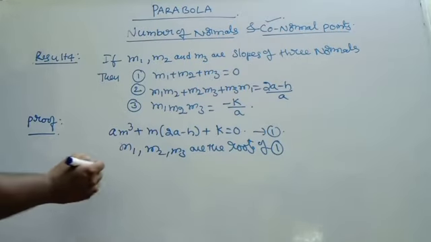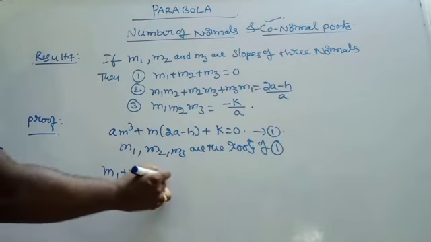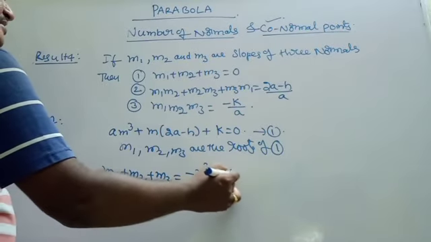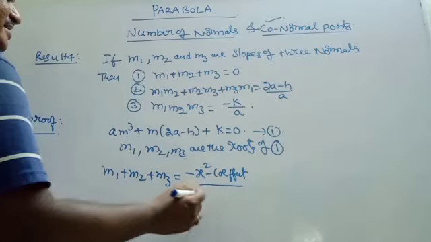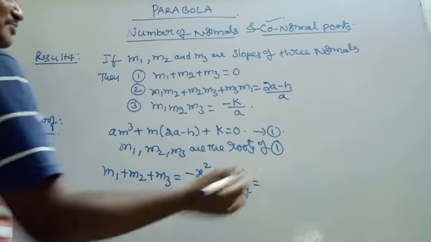Then the sum of the roots, you know, m1 + m2 + m3 is nothing but minus x² coefficient divided by x³ coefficient. This is the formula, right, my dear student?